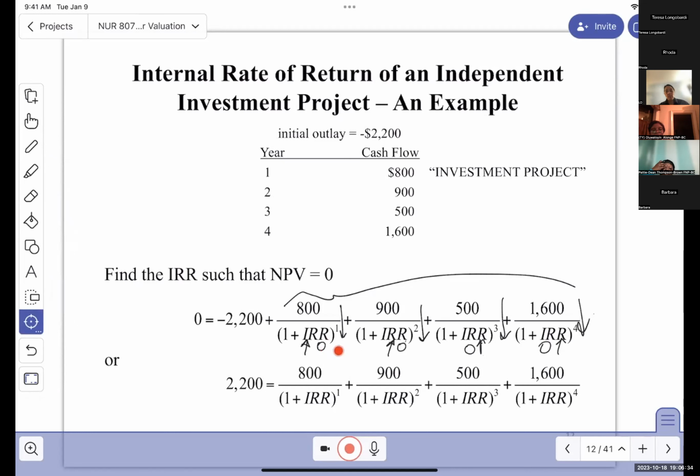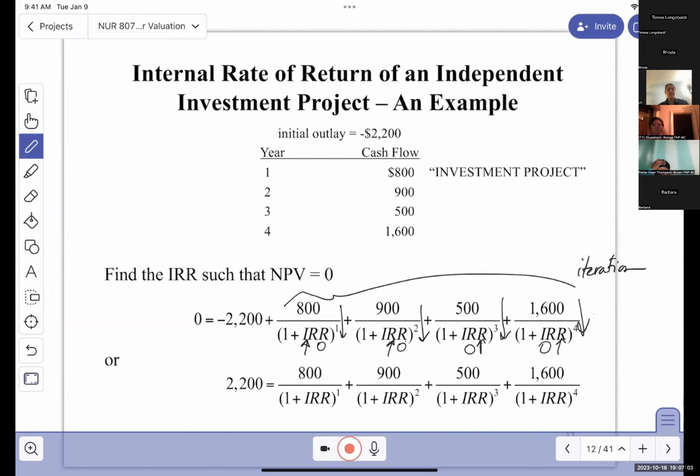If I start with IRR 0, I'll get a positive, but I don't want a positive. I want 0. So I'm going to go a little bit higher, keep going a little bit higher until it crosses. That's what the calculator or the computer is going to do. It's going to iterate. Even Excel will iterate, and you have to give it a starting point for its iteration.